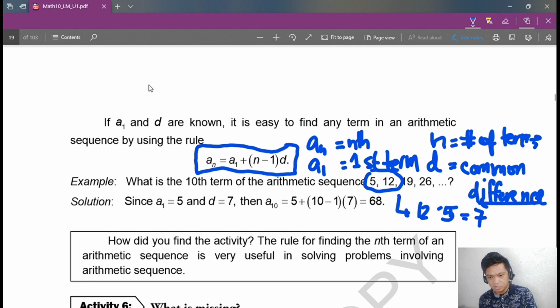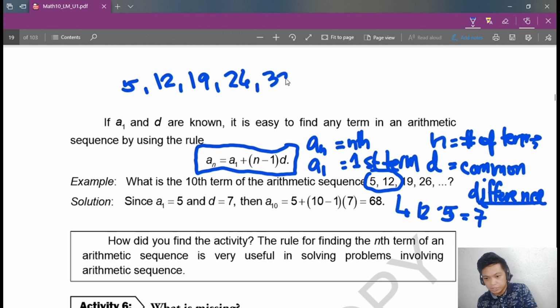So, mangyayari dyan, our first term is 5, second term is 12, tapos 19, 26, next to 26, you add 7, so that is 33, 33 plus 7 is 40, plus 7, that is 47, plus 7 again, that is 54.